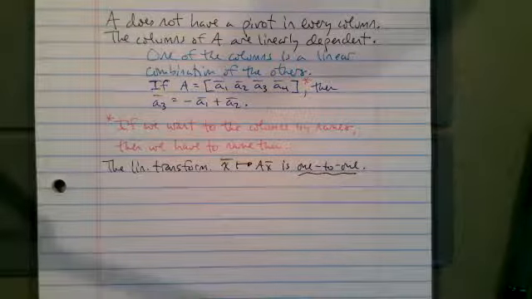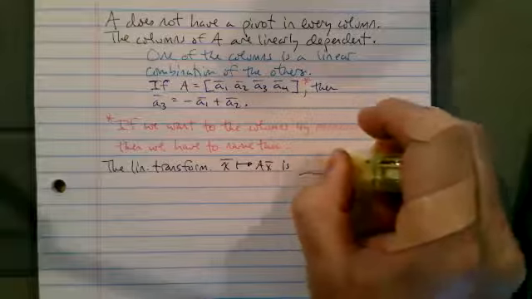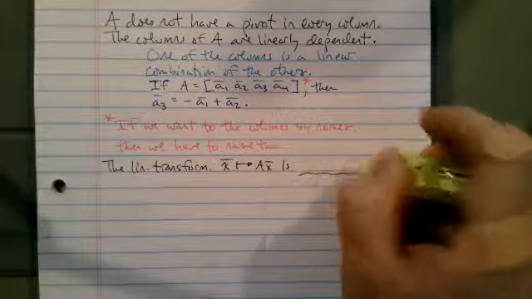1-to-1 is the column version of, oops, not 1-to-1 because it's not, holy crud. Oh, I can't believe that's on video.